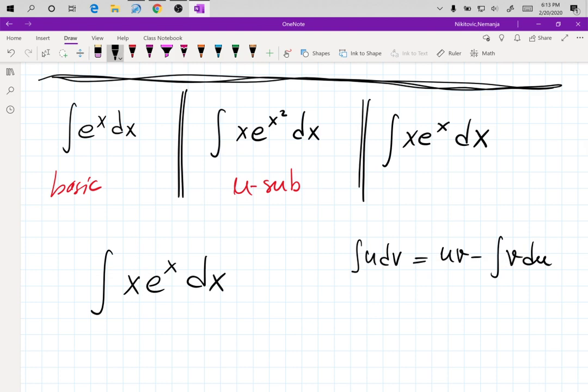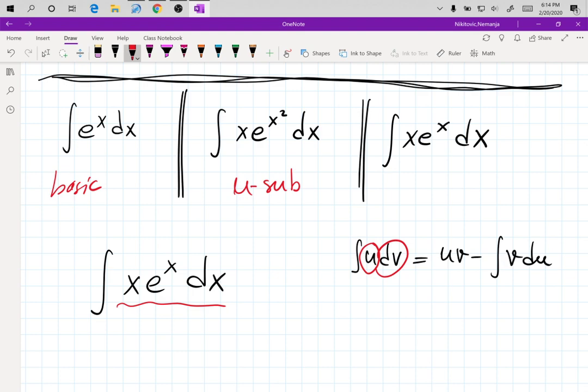First of all, there are two parts, two players in the formula, player u and player dv. Those two players will take on parts of the integral. Now, clearly, dx is always a part of dv, but it could be more than dx.